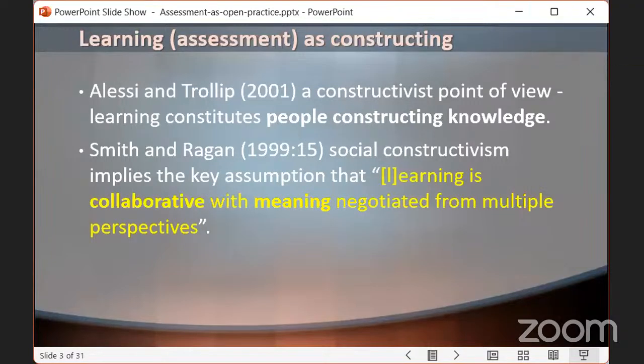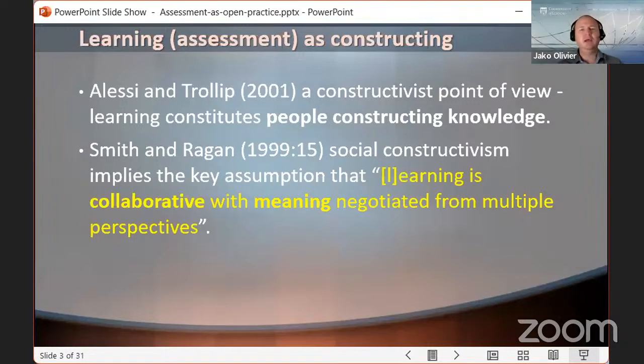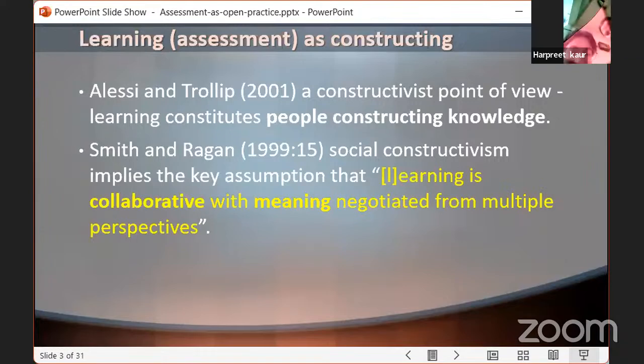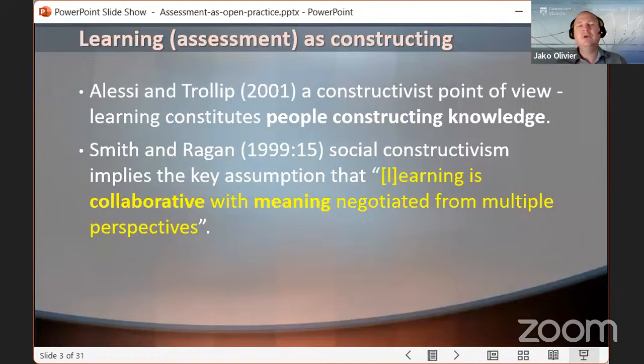Now, you are all in education, so you might know this also better than me. We have to situate what we do in teaching in some sort of theory. And for me, it's mainly constructivism and social constructivism specifically, because we learn through others, but also through the creation process. And this is what you do quite often with assessments.